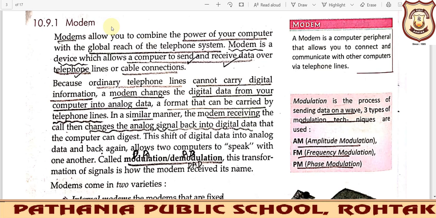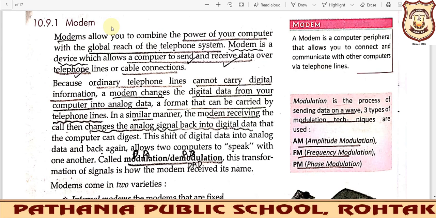accept it. The process during which the digital signals are converted into analog signals when they are coming out of the computer is known as modulation. When the signals are trying to enter from outside into the computer, they have to be transformed from analog signals to digital signals.